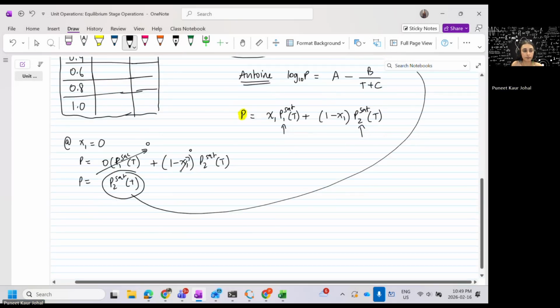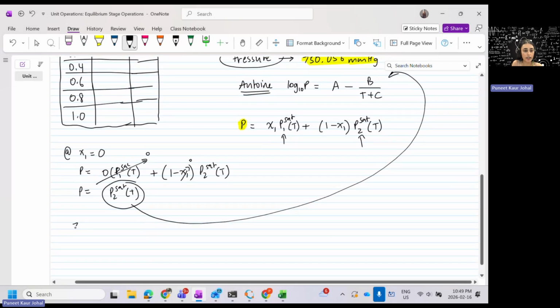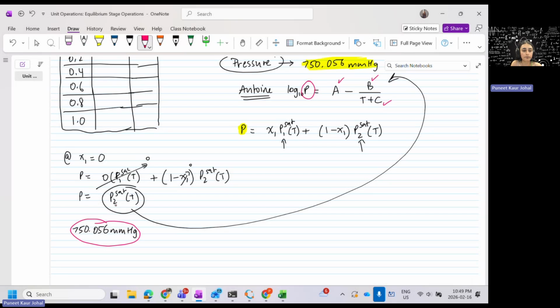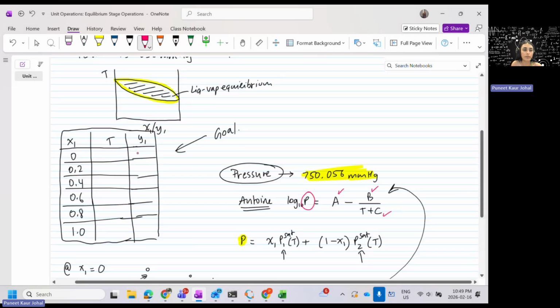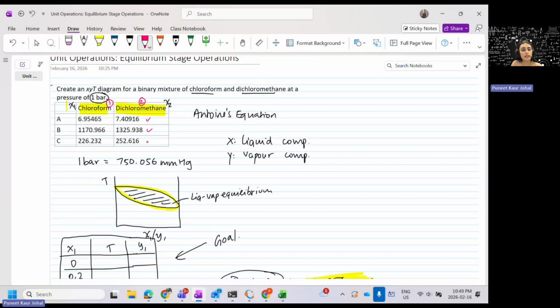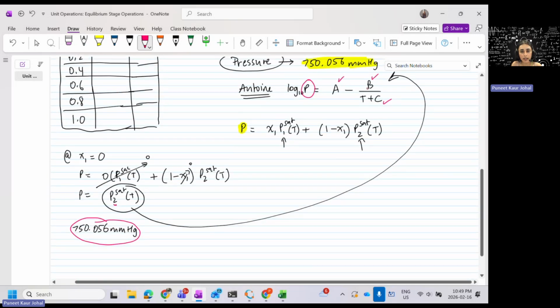Because I know the P value is 750.056 millimeters Hg, I can simply use this as the P value in the Antoine's equation. Remember this is P2, my component 2 is dichloromethane. Chloroform is my component 1. So I'll be using the A, B, and C values for this component.